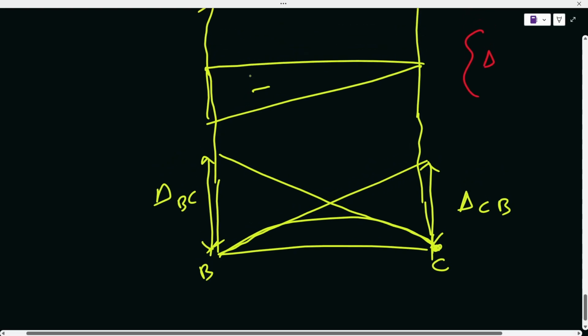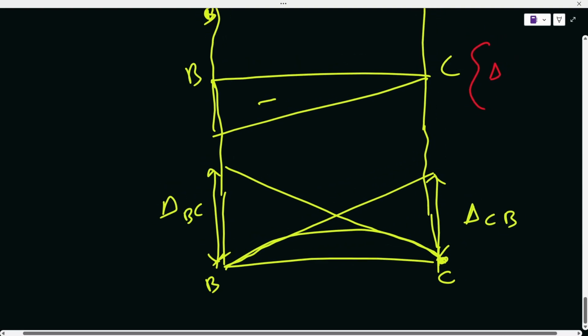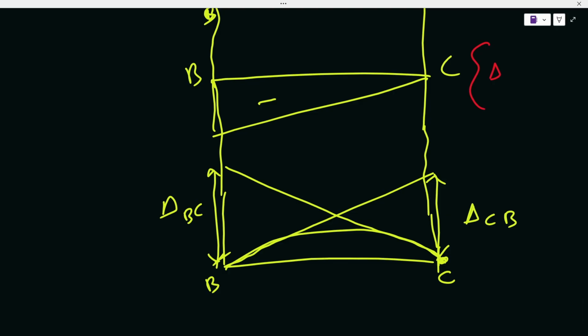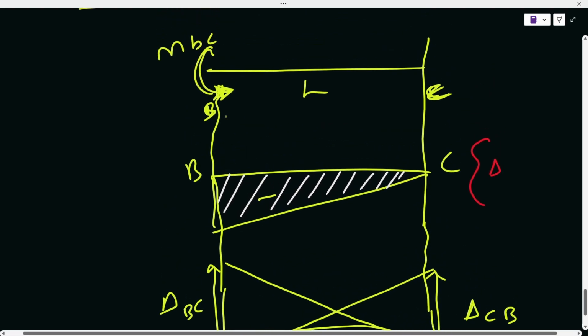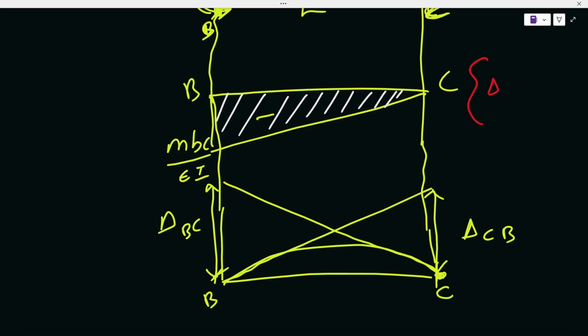For instance, if this is B, of course, and this is C, if we are dealing with MBC, it means that we are dealing with the moment of area under this M over EI diagram, that is MBC over EI.